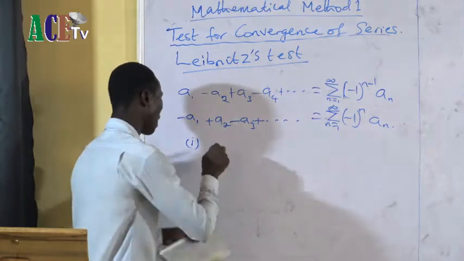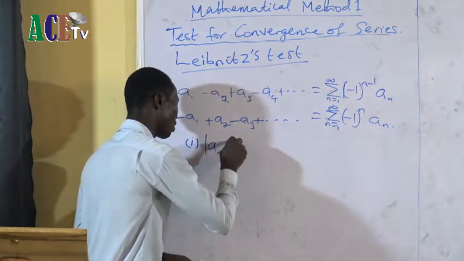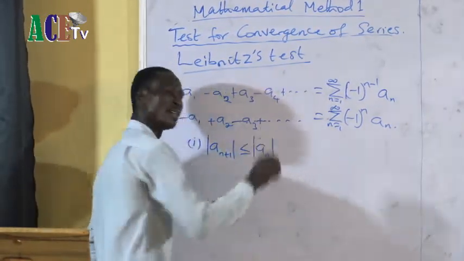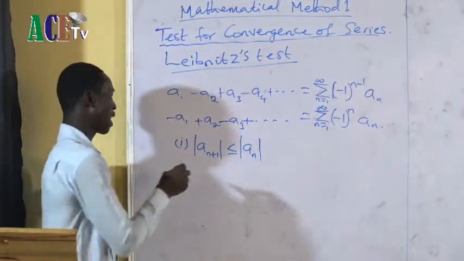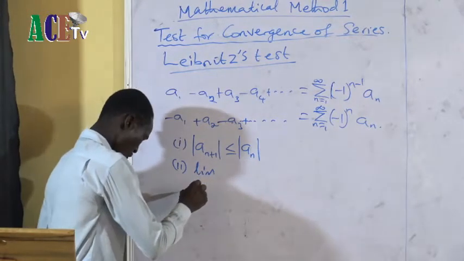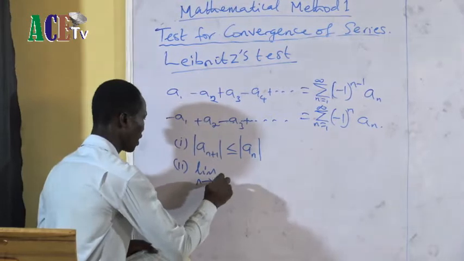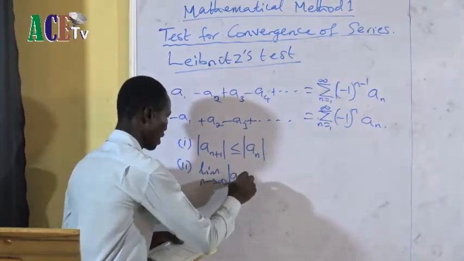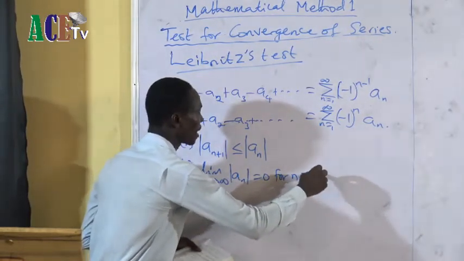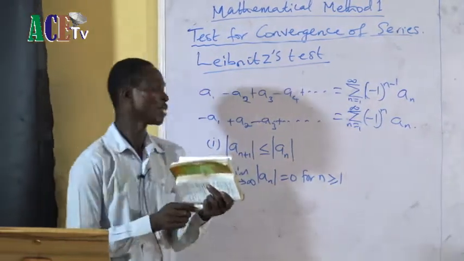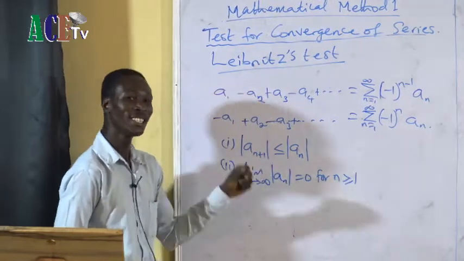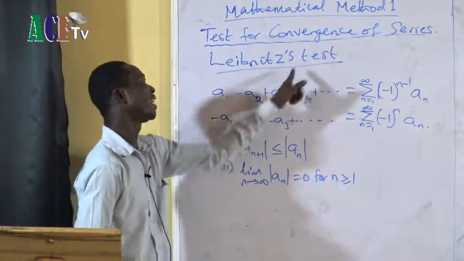If you have the absolute value of an plus 1 that is less than or equal to an, and the second one is that the limit of n tending to infinity of an is equal to 0 for n greater than or equal to 1. If you have these 2 conditions satisfied, then you say the series is convergent, or that is the Leibniz test.